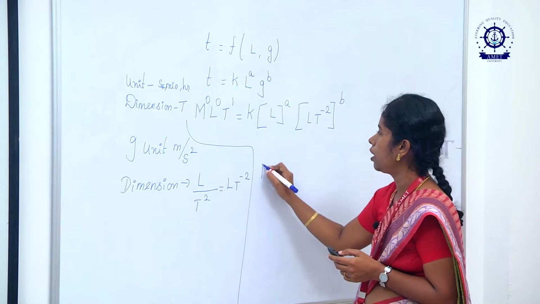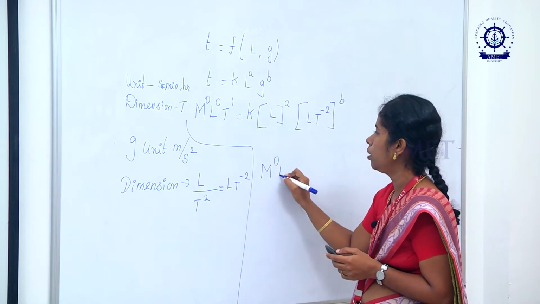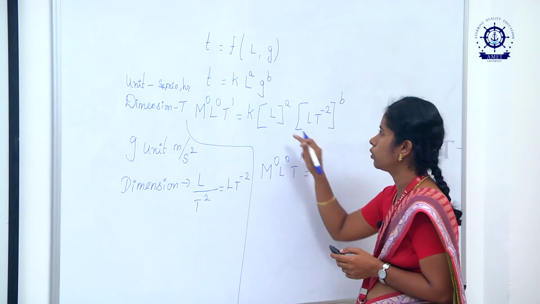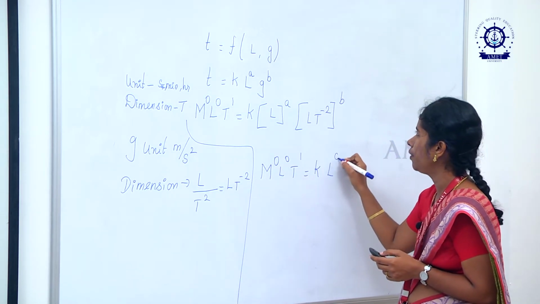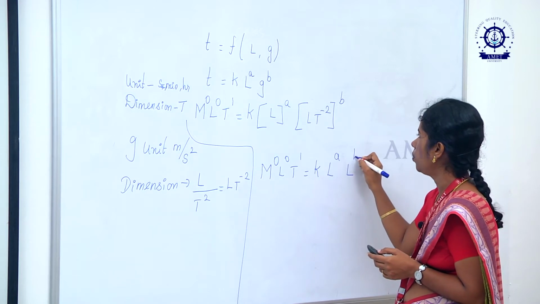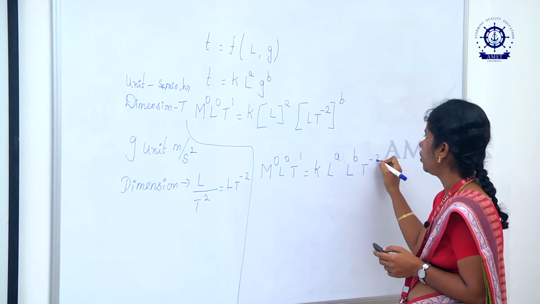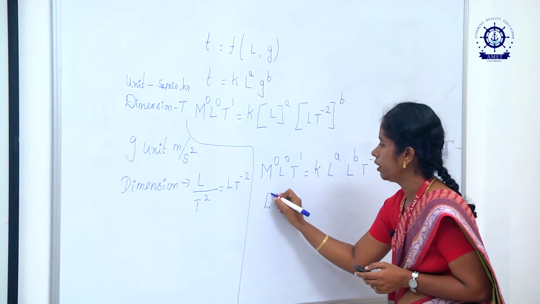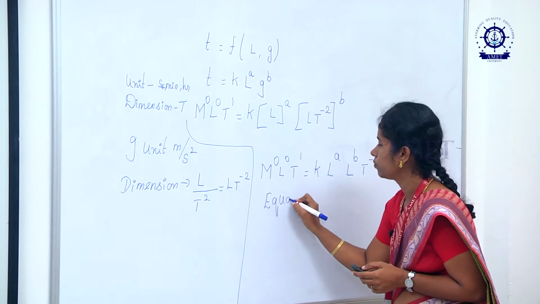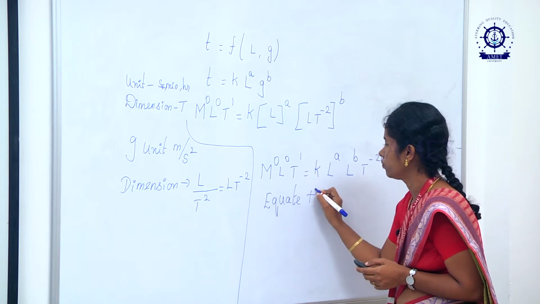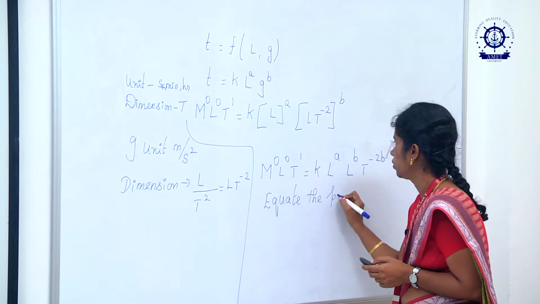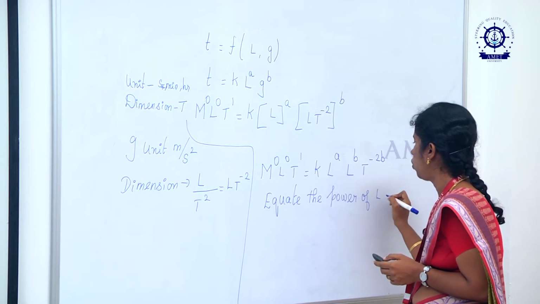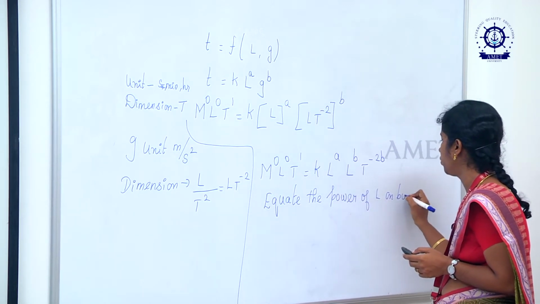Now, it is m power 0, L power 0, t power 1 will be equal to, here you have L power a, here it is L power b, t power minus 2b. Now, equate the power of L on both sides of the equation.